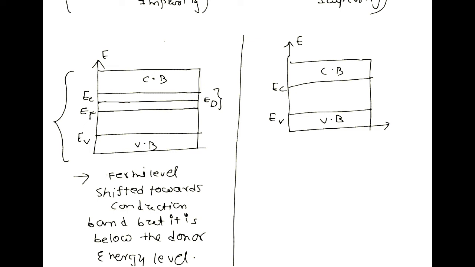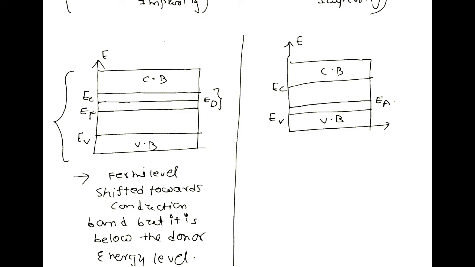The acceptor energy level, EA, corresponding to the acceptor impurity is close to EV, just above EV.